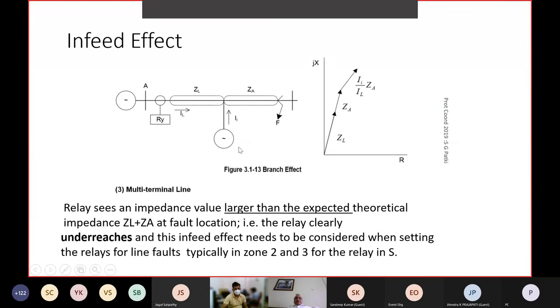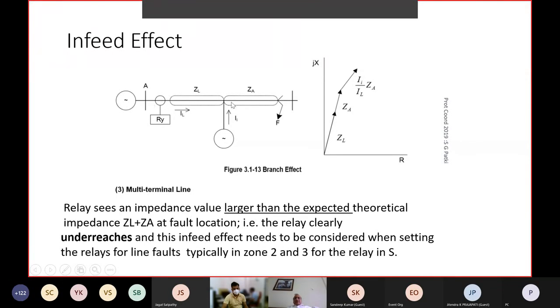These wind farms or solar power generation just get connectivity to the nearest transmission line which is passing, and it then introduces the infeed.